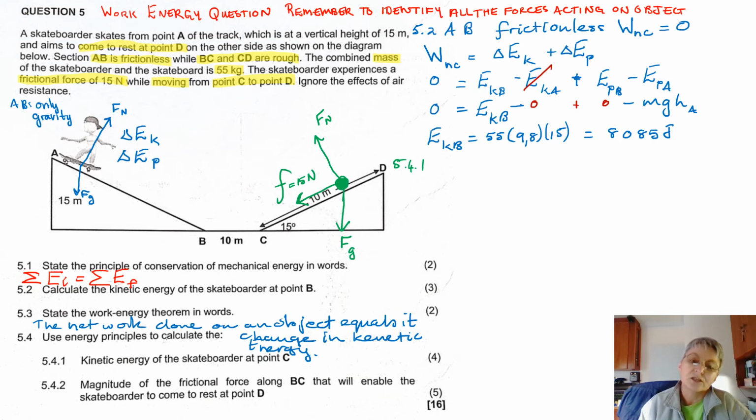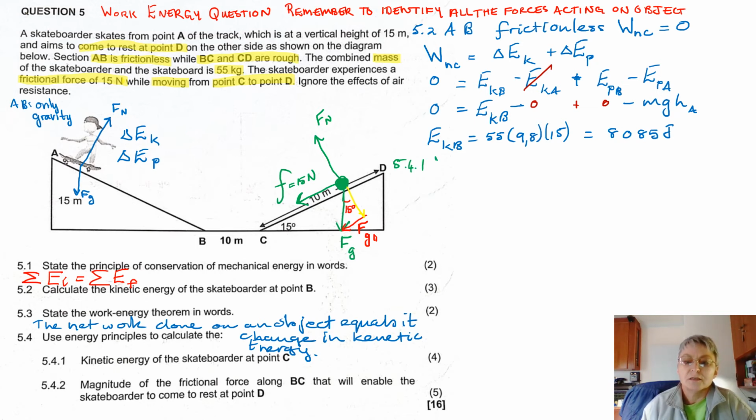So it's this component of the weight. If we complete the triangle here, it's the red component. That is the component of the weight parallel to the plane. And in that triangle, this angle here forms a 15-degree angle. So the component of the weight parallel plus the frictional force will do the net work on the object.